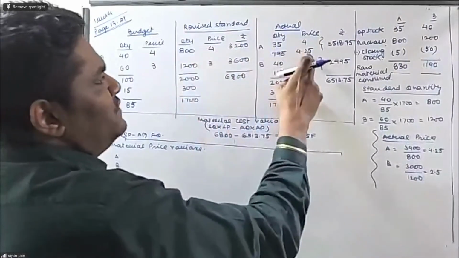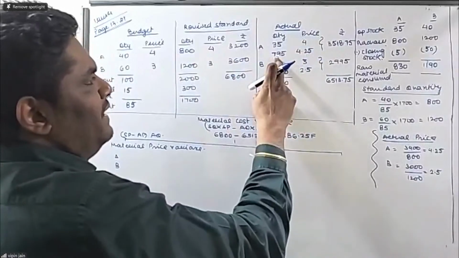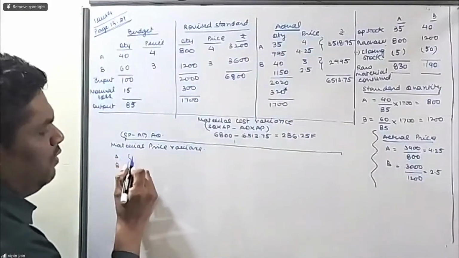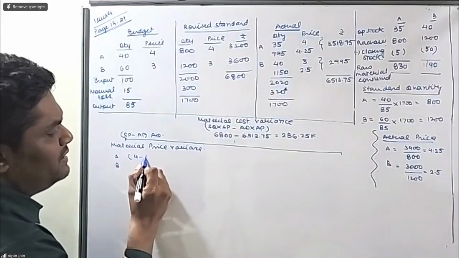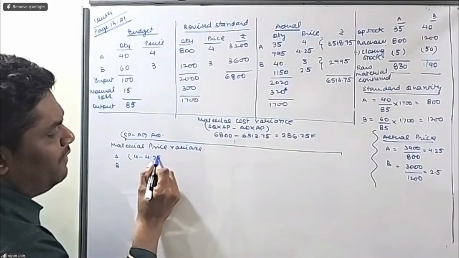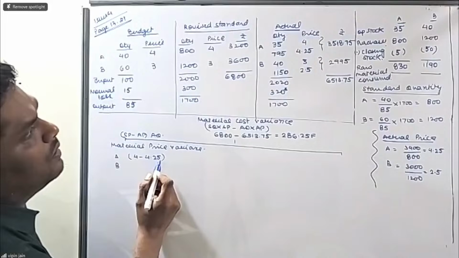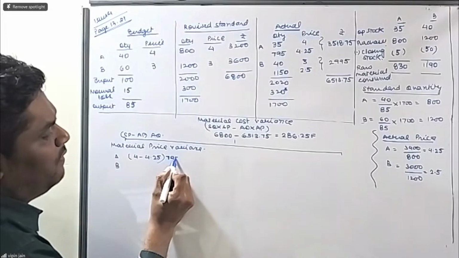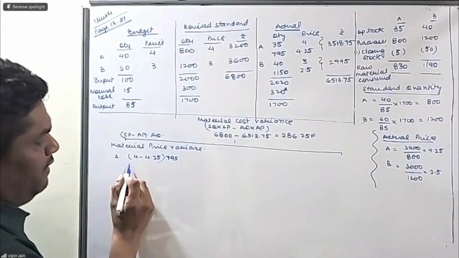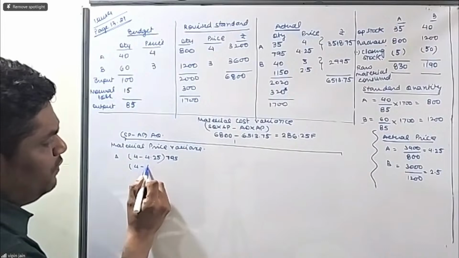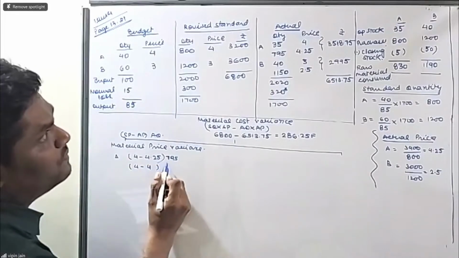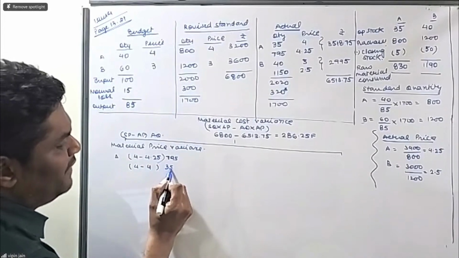But 4 minus 4.25 into 795. Writing it for your reference also, 4 minus 4 into 35.